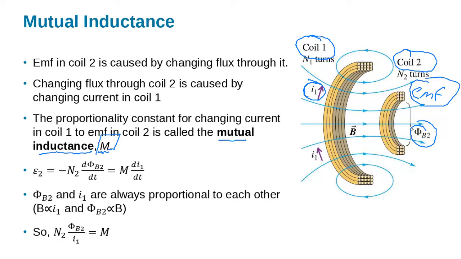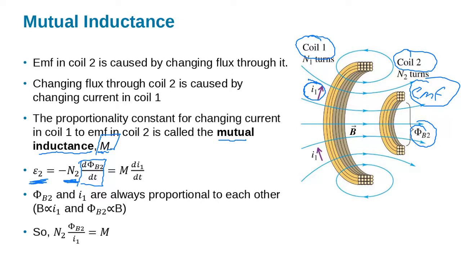We know that the EMF in coil 2 is the negative of the number of turns in coil 2 multiplied by the rate of change of flux in coil 2.